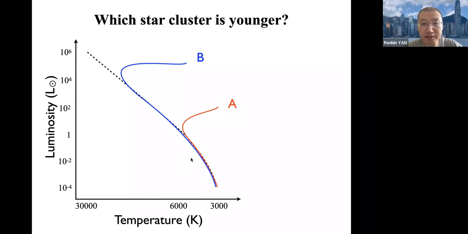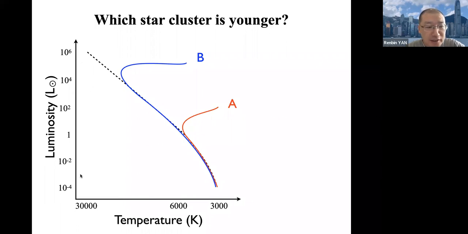Which star cluster is younger? Let me open the poll. So you see an HR diagram in the plot, asking which star cluster is younger.